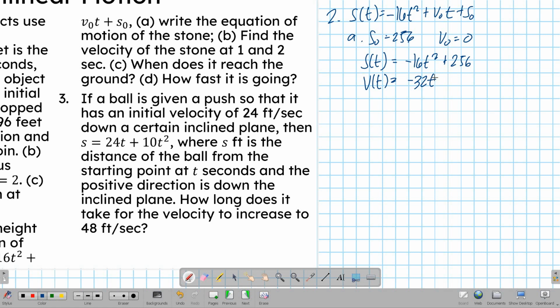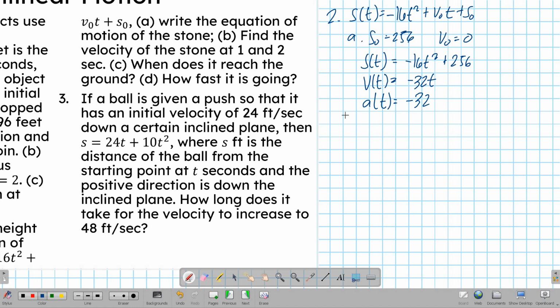If you want to find acceleration, it's also an equation of motion, although the acceleration of the falling object becomes constant at negative 32 feet per second squared, which is the approximate acceleration due to gravity in feet per second.